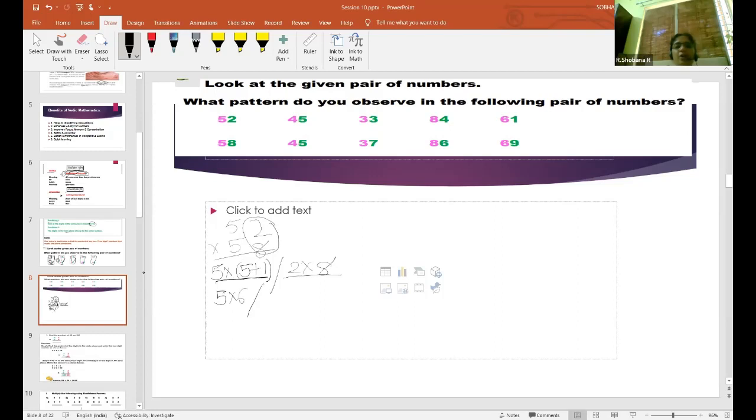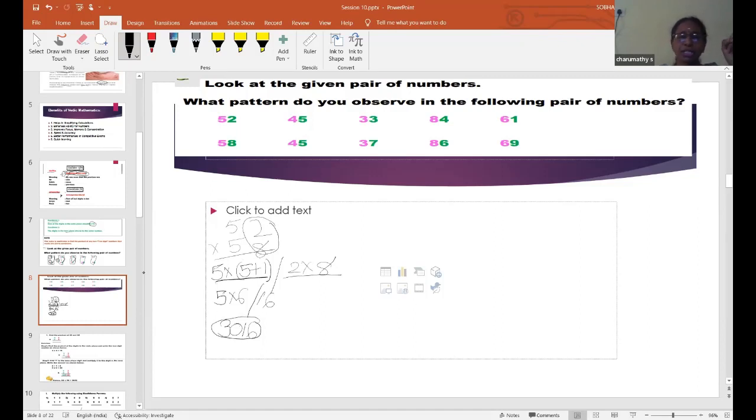And then we all know 2 into 8 is 16. So what is 5 into 6? It is 30. And 2 into 8 is 16. So the answer of 52 into 58 is 3016.